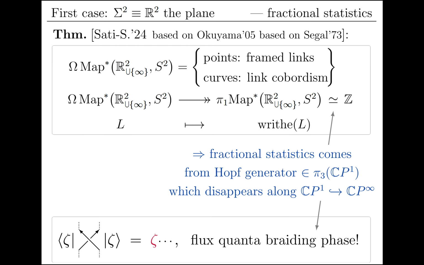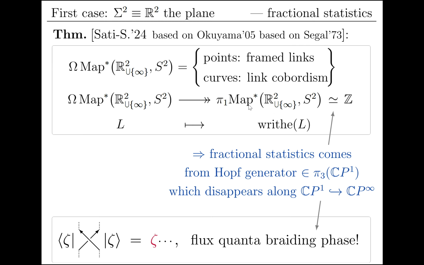Okay. All right, so I'm just summarizing this again. The fact that we have these flux quantum braiding phases really comes from the fact, and I didn't mention this properly, let's think again, why did we actually know that this pi1, in our case the flux observables, actually formed Z, the integers? Well, this was really just the argument of the Hopf generator again. You see, pi1 of a pointed mapping space is the same thing as the pointed mapping space of the suspension of this space, but the suspension of this space is the 3-sphere.